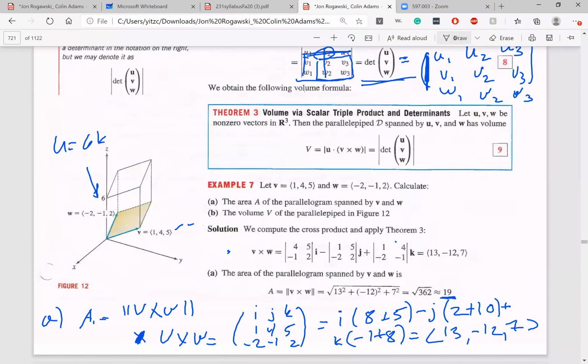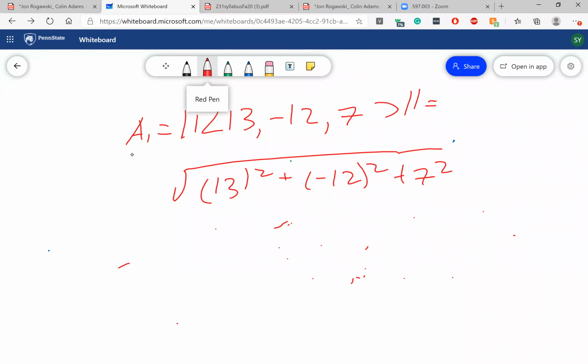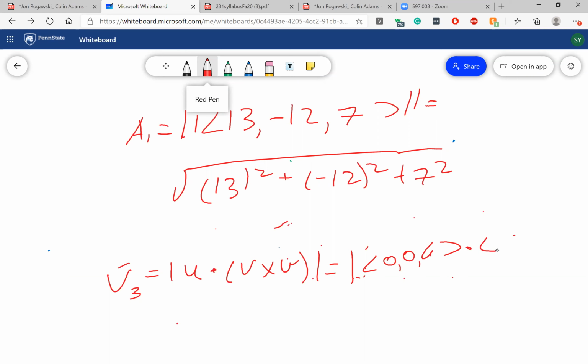Then for the second problem, all we really need to do, let's say V3, is take the absolute value of U dotted with V cross W. We have 0, 0, and 6 as our U, dotted with 13, negative 12, and 7, which is equal to 6 times 7.